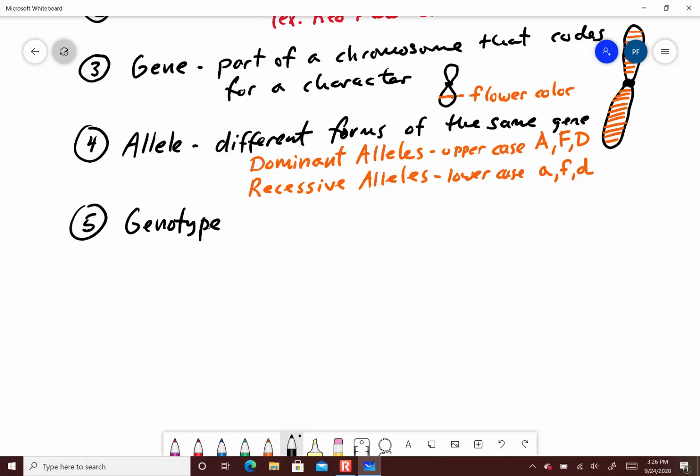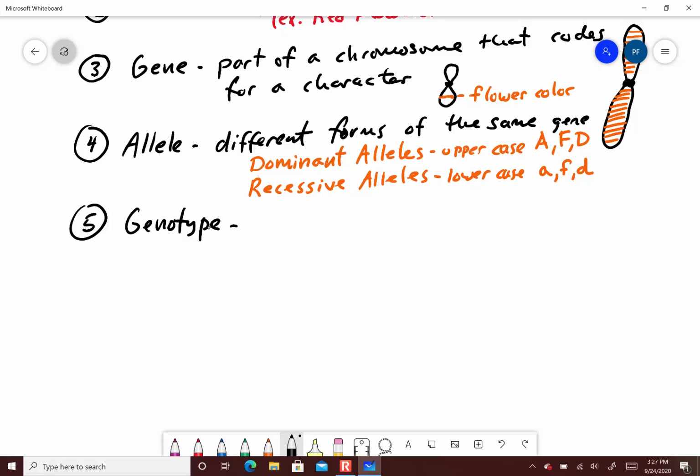All right, the next term is genotype. You remember that most eukaryotic organisms like humans or your dog or your cat, most of our cells are diploid. If you remember that from last week, diploid was 2N, which meant that it has two sets of DNA, two sets of chromosomes.